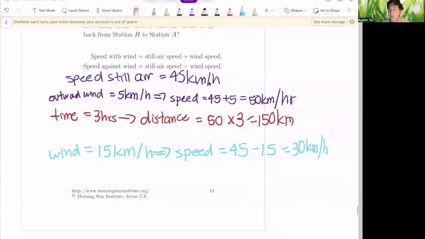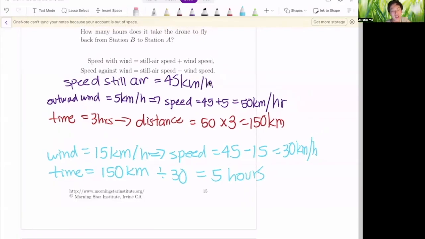And then the time, again, except this time we're dividing 150 kilometers by 30, which gives you 5 hours total travel time on the return flight. Which means, how many hours does it take the drone to fly back? This would be 5 hours. 5 hours is your answer.